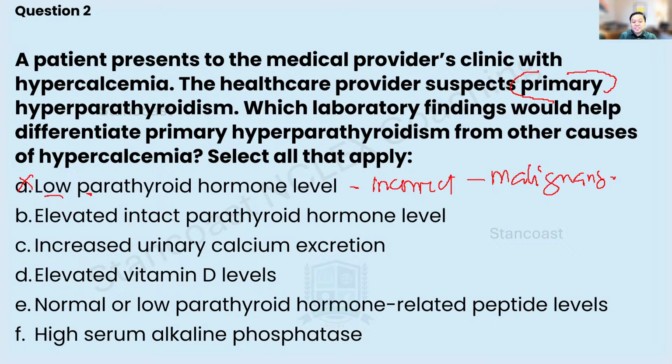So it's not really going to support that differentiation. What about letter B, elevated intact parathyroid hormone level? This is one of the correct answers, guys. The reason for that is that the elevation of the PTH in the presence of hypercalcemia is a typical characteristic of primary hyperparathyroidism.